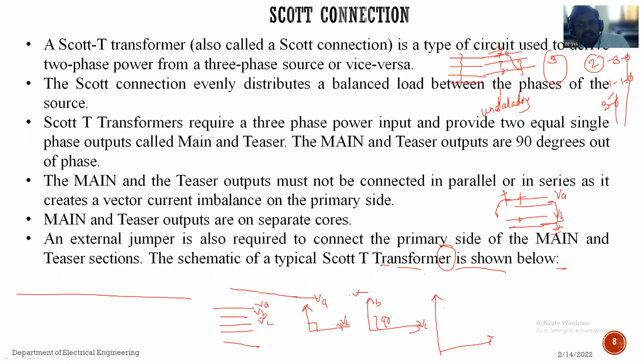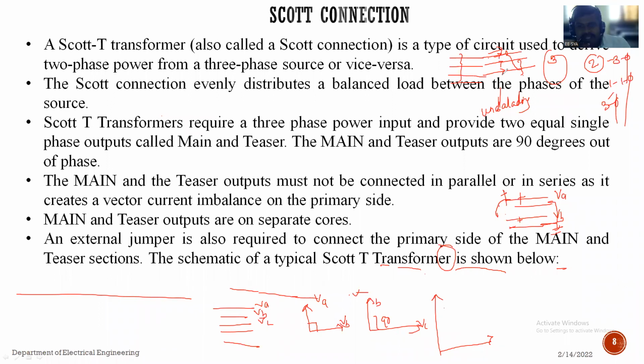See, in those 2 single phase transformers, one transformer is called the main transformer, and the second transformer is called the teaser transformer. एका ट्रान्सफॉर्मरला आपण टीजर ट्रान्सफॉर्मर म्हणतो, and one is called the main transformer.